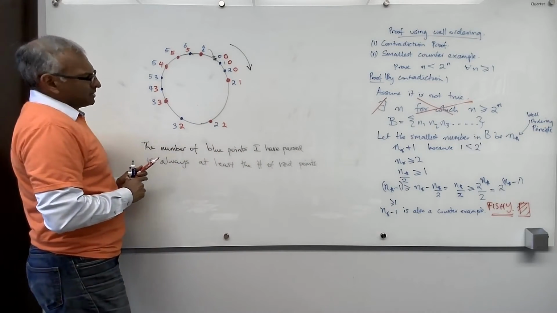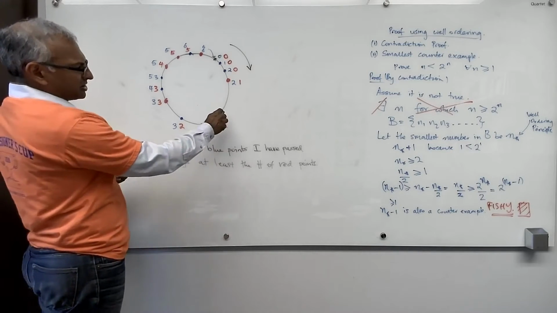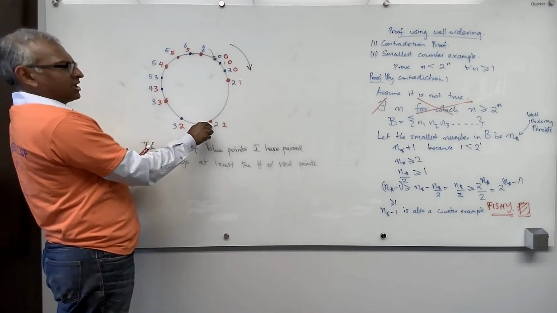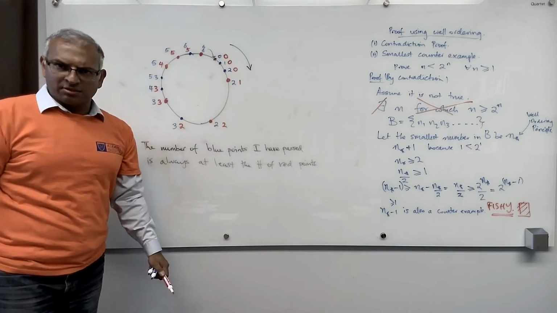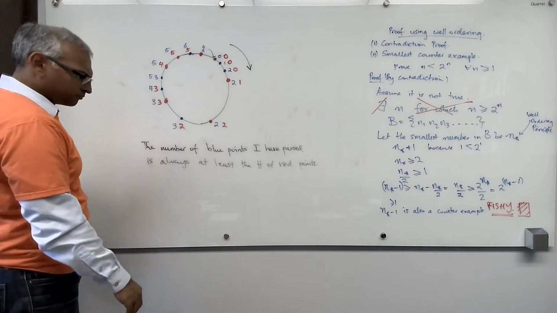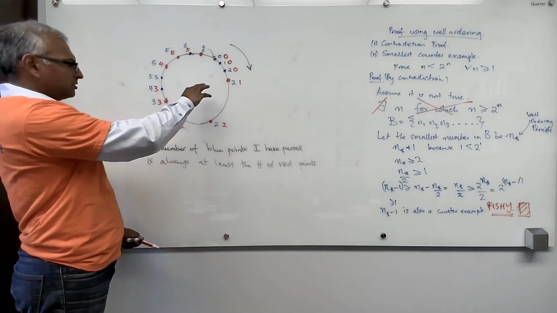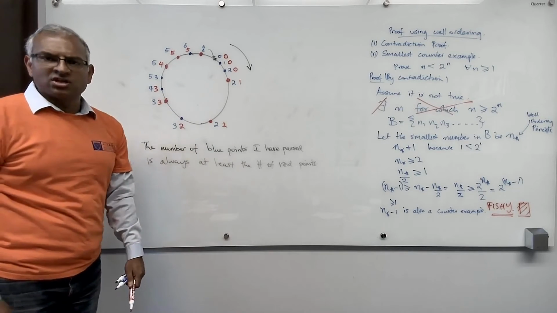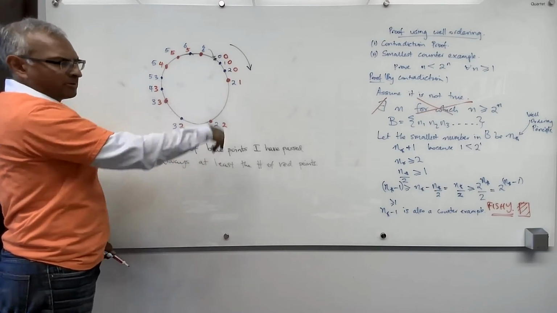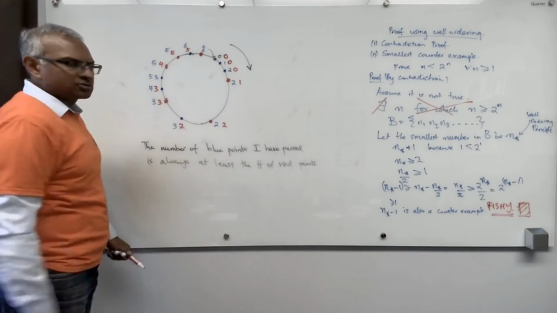If I chose a different starting point, for example if I started here, immediately I pass a red point and the red points exceed the blue points. So it's not true that the number of blue points is at least the number of red points no matter where I start. But there's a special point to start where this is true.